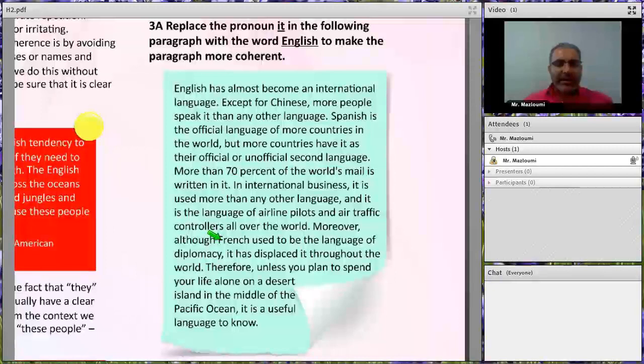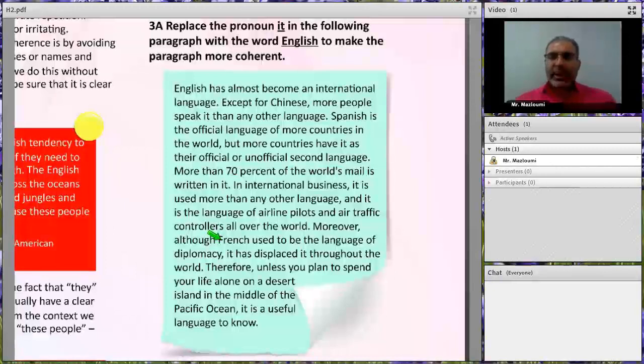Therefore, unless you plan to spend your life alone on a desert island in the middle of the Pacific Ocean, it is a useful language to know.